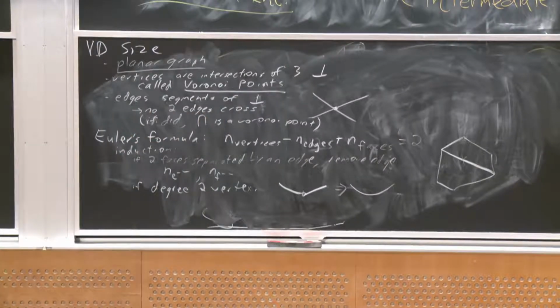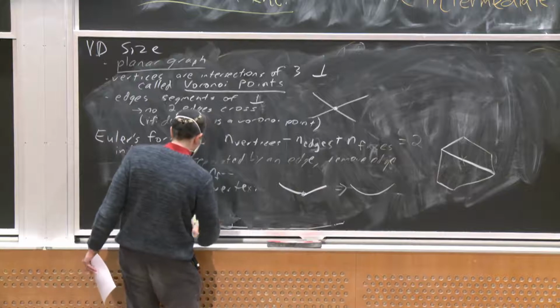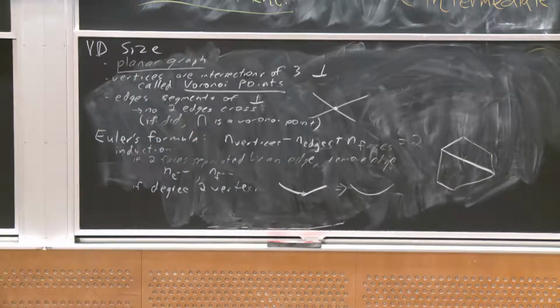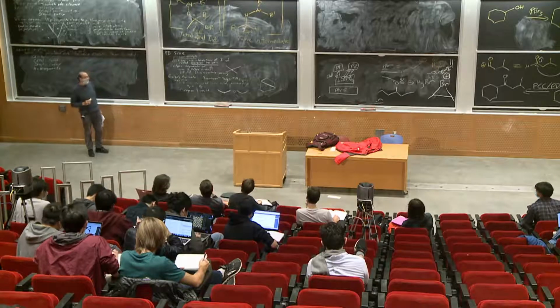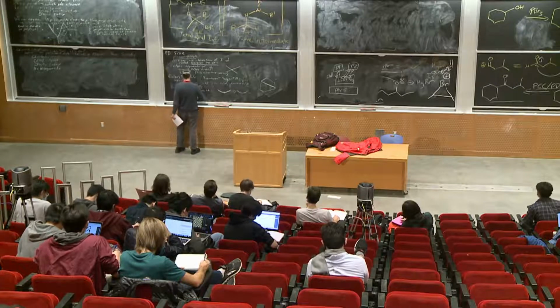Okay? What does that do to Euler's formula? Yeah. Well, it decreases the number of vertices by 1 and number of edges by 1. Exactly.